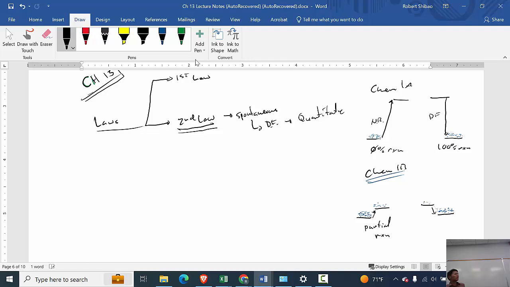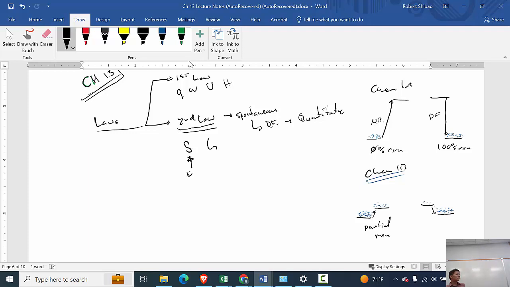The second law of thermodynamics. In the first law, we learned about the symbols Q, W, U, H. Was that it? Yeah. In the second law, we're going to learn about the symbols S and G. S, did I talk about that already? S is the symbol for what?